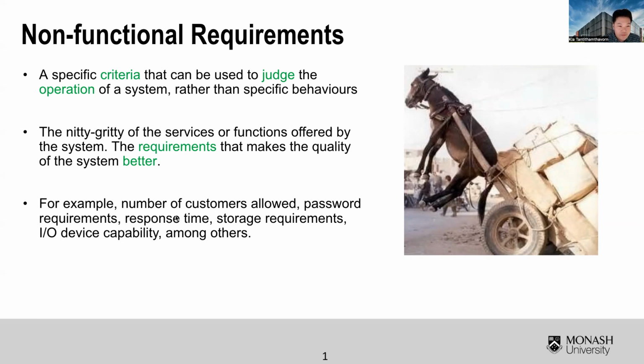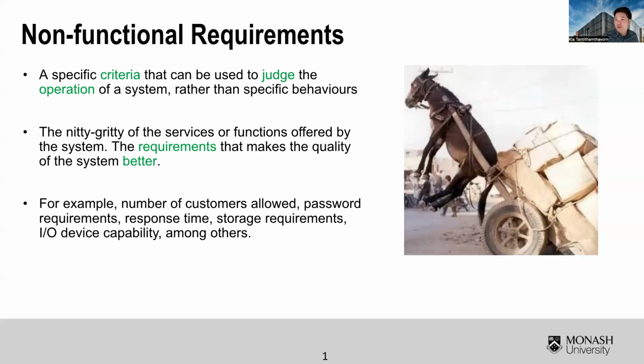And for example, what is that, right? Number of customers allowed, password requirement, response time, storage requirement, IO device. So when we talk about the platform requirement, the application should be able to run on Android OS only, but not iOS. That's one of the requirements as well if we want to narrow down the groups of end users, right?